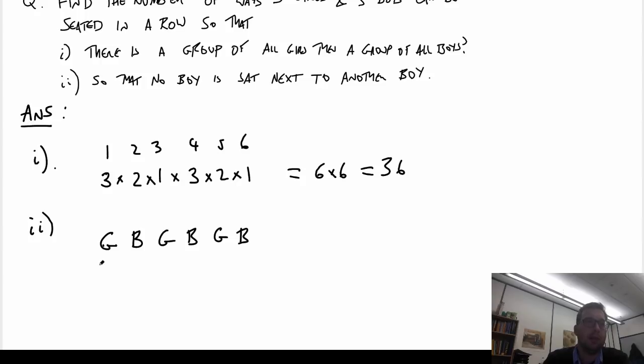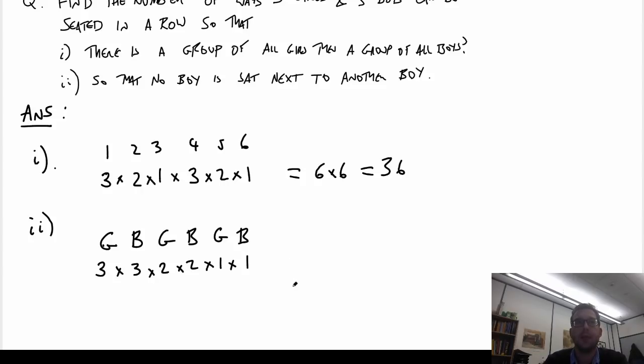Well, there are 3 girls we can choose from for the first position, followed by 3 boys we can choose for the second position, because we've not used any boys in the first position. Then 2 for the third position, because we already used 1 here, then 2 here, then 1 here, then 1 here. So exactly the same as the first part: 3 times 2 times 1 times 3 times 2 times 1.